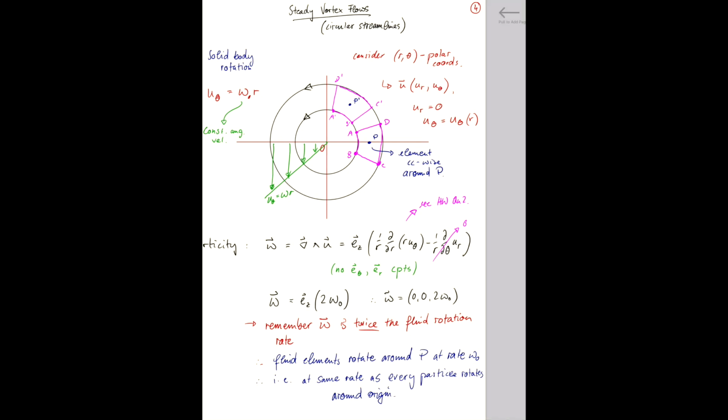Now next let's consider the shear tensor, the strain rate tensor, and the strain rate tensor is given in polar coordinates by S rr, S r theta, S r theta, S theta theta.